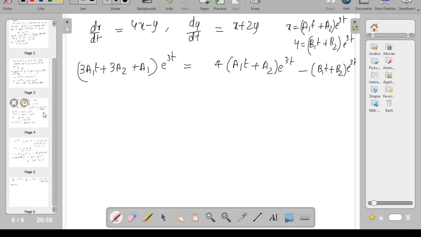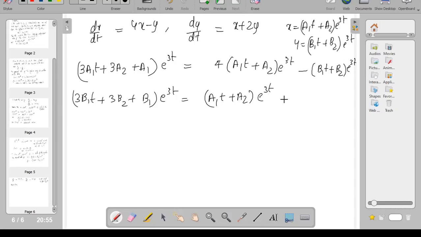And the second equation will be 3b1t plus 3b2 plus b1, times e raised to 3t, equal to a1t plus a2 e raised to 3t plus 2 times b1t plus b2 e raised to 3t. So e raised to 3t will cancel off on both sides.